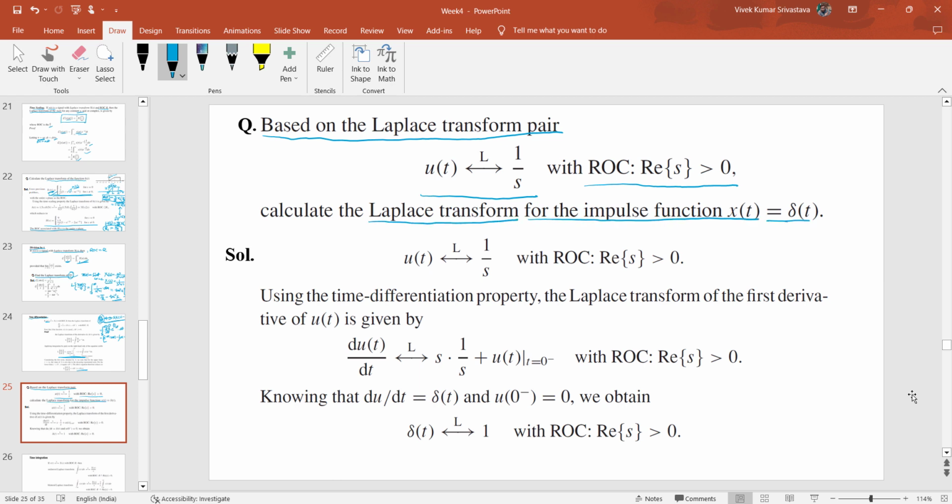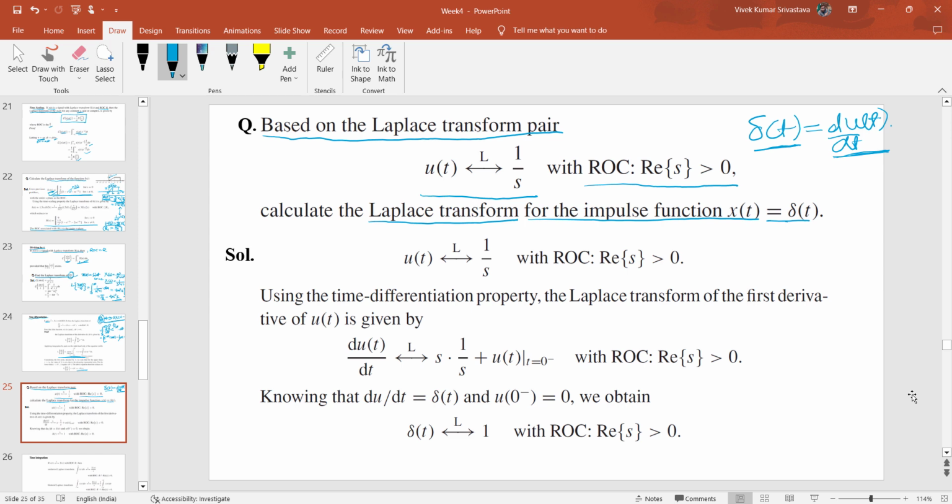Okay, so as we know, the impulse function is basically defined as d by dt of u(t). So it means that we have to use the differentiation property so as to evaluate the Laplace transform of the impulse function. Okay, so we will use this property.